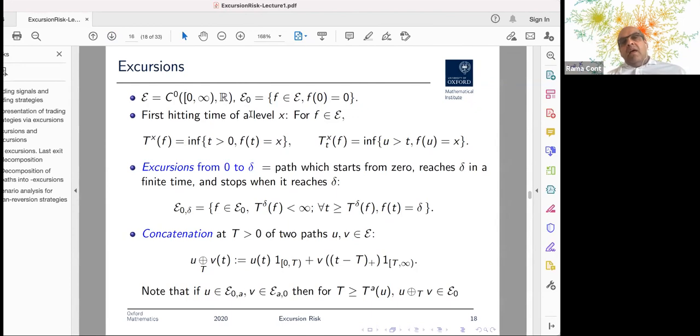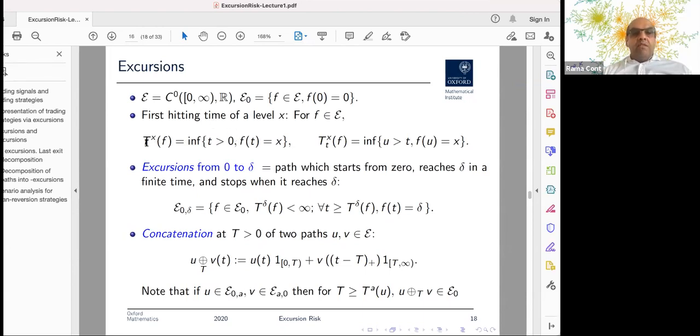In fact, everything I do here can be done for right continuous paths, so allowing for jumps. It just makes the notation much more complicated. So I will show you all the statements for continuous paths, but they can be done for right continuous paths. There's no fundamental, conceptual difficulty, but it just makes the presentation much more tricky.